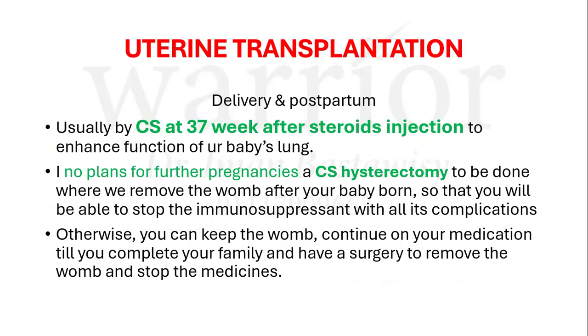If you don't plan further pregnancies, then after delivering your baby by cesarean section, we remove the womb. We call this cesarean section hysterectomy. And then you will be able to stop the immunosuppressants, with all the hazard that it can put you in. If you still plan to have other babies, then we will keep the womb and you will continue on your medication till you complete your family, and then again, a surgery is going to be done to remove this womb.